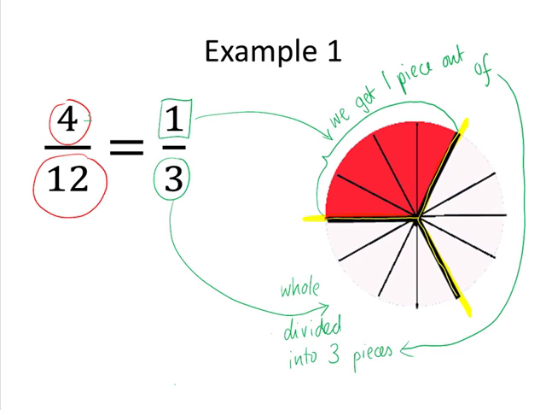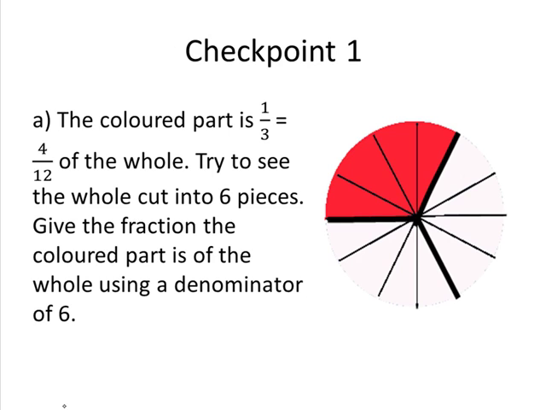We can also see this by dividing both top and bottom of the fraction by 4. 4 divided by 4 equals 1. 12 divided by 4 equals 3. So 4 over 12 is the same fraction as 1 over 3. So we've seen that the coloured part of this picture is a third, which can also be written as 4/12.